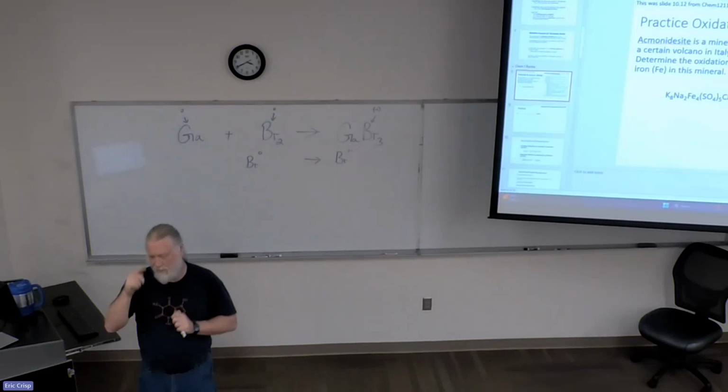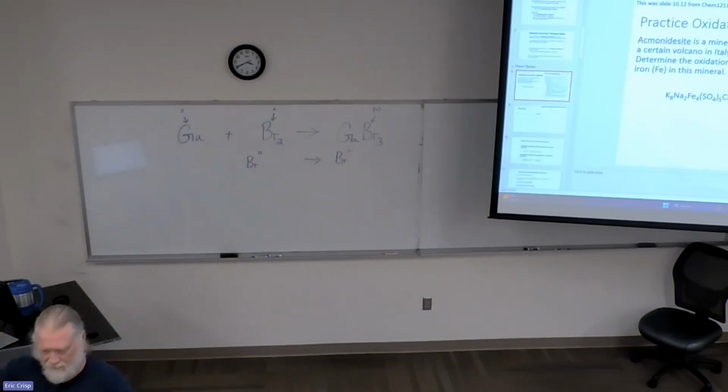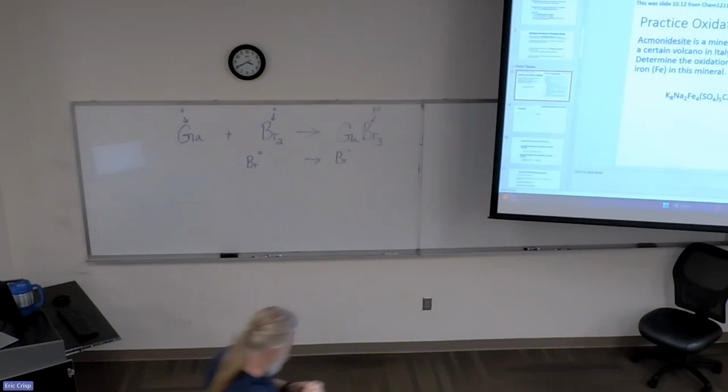So wait a minute. Earlier, when I was asking Mercy about protons and electrons in ions, right? So let's do the same thing. Bromine here. On the left, bromine has how many protons in it? How many protons for bromine?